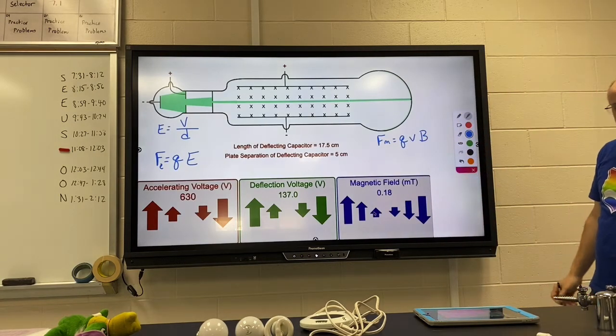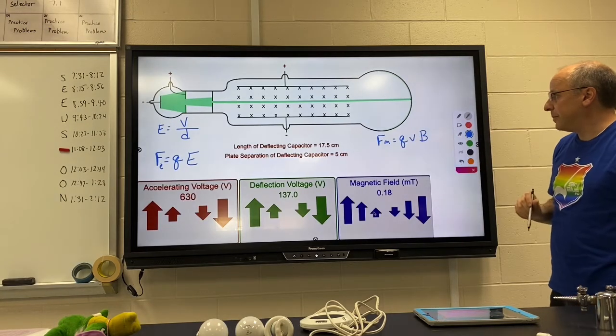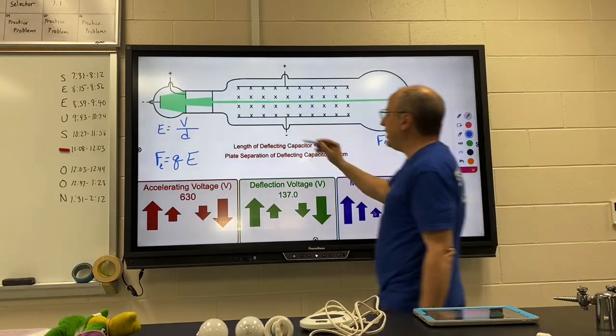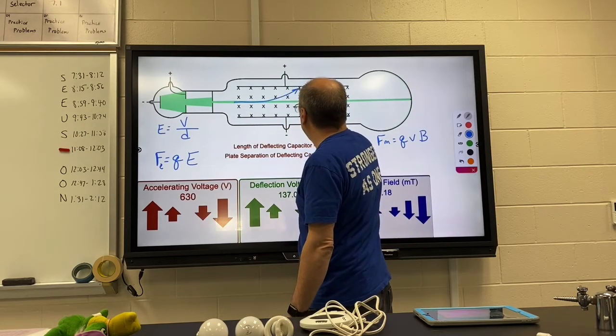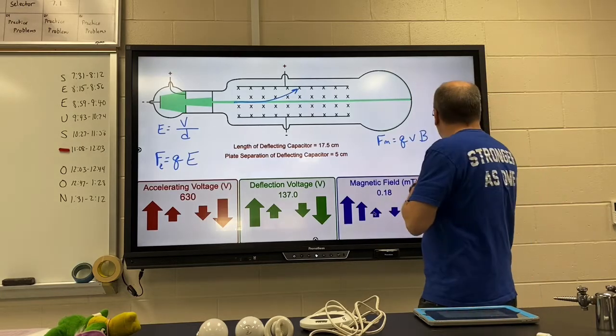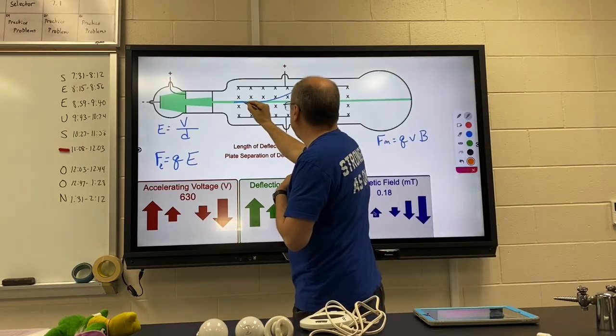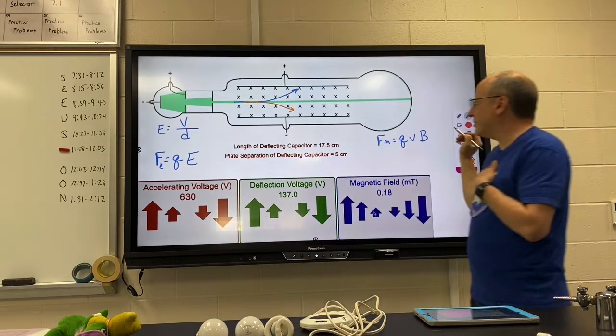And your goal is to try to cancel out the force electric with the force magnetic. So in this case, our electron would normally deflect up to the top plate because that plate is positive, but we're going to use a force magnetism that is pointing downward to try to cancel that out.